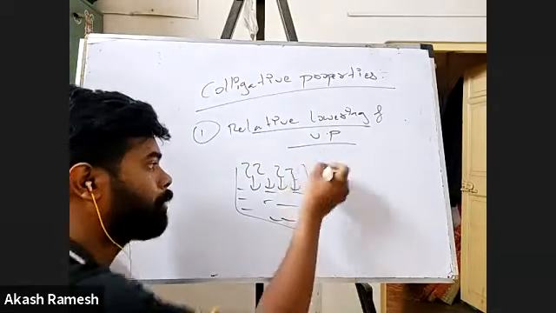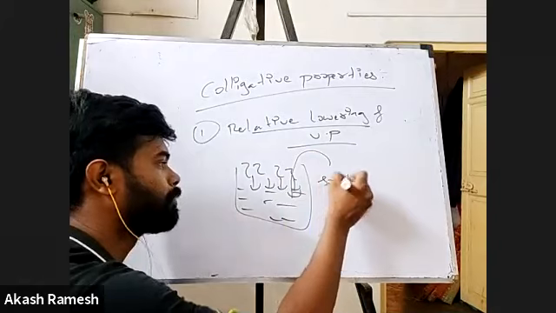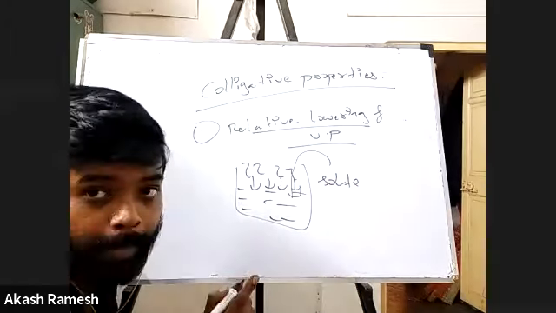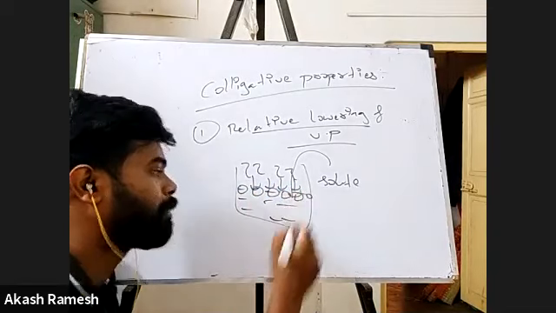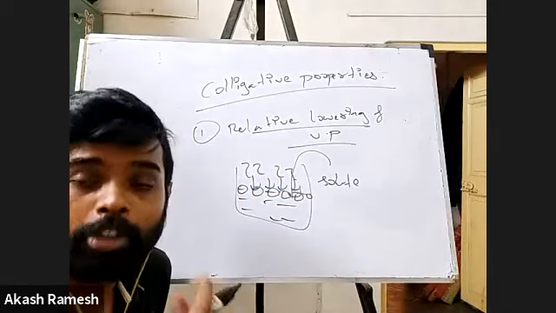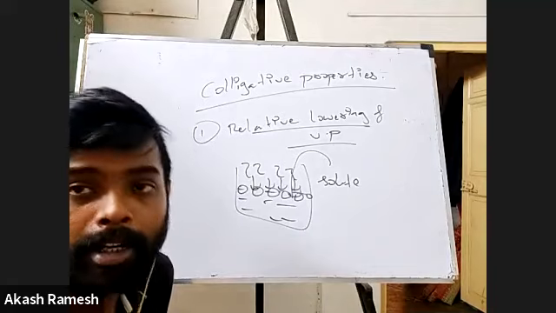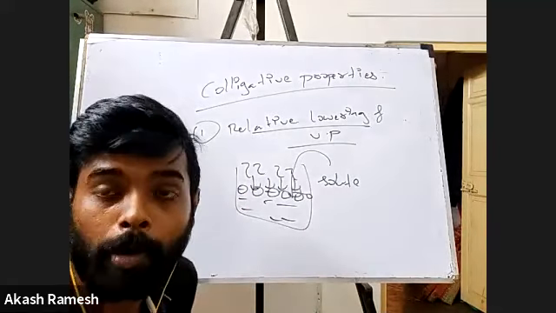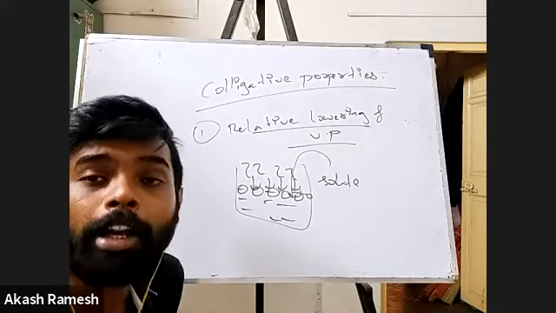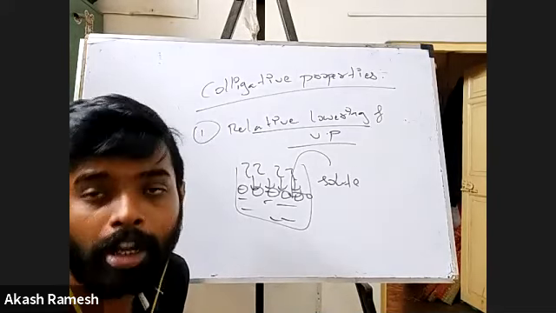The moment I add some solute, we know what is going to happen. These solute particles are going to block some of the surface area, so it is going to make it difficult for the liquid phase to go to the vapor phase. Obviously, the amount of vapors will be less, and the vapor pressure will also be less.